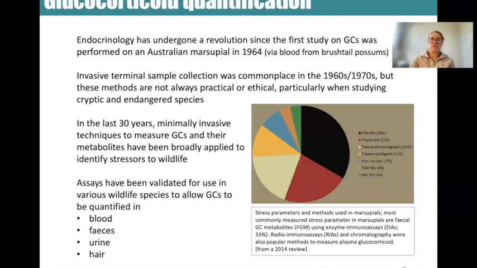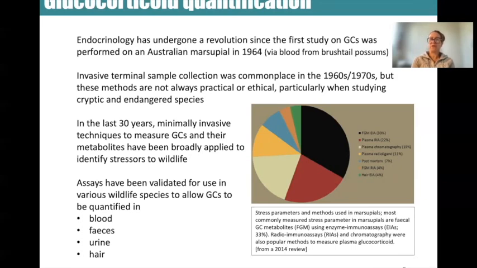In relation to glucocorticoid quantification in measuring stress responses, endocrinology has undergone a revolution since the first study on glucocorticoids was performed on an Australian marsupial in 1964. This initial study involved looking at glucocorticoid levels in the blood of brush-tailed possums.